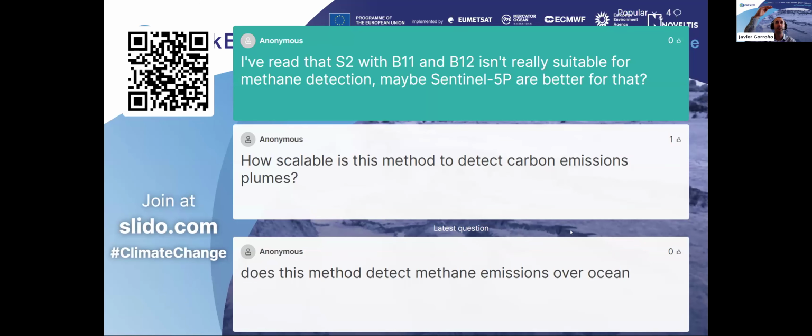The different layers bring you different temporal revisits and different spatial resolutions. Sentinel-5P, for example, has almost daily coverage and a very good spectral sampling at the 0.1, 0.2 nanometers or so in that area, which brings very good retrieval of the methane.